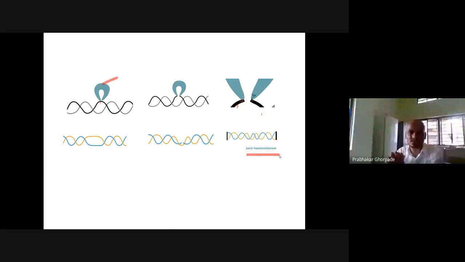When we say topoisomerase removes the torsion, it means that it binds here, cuts one strand, for example topoisomerase 1, and then allows the other strand to pass through it. That is how it removes the torsion.